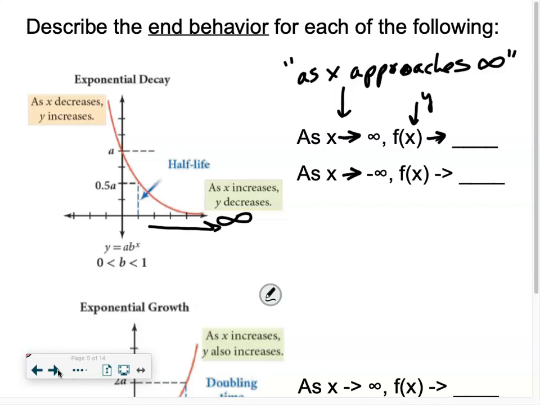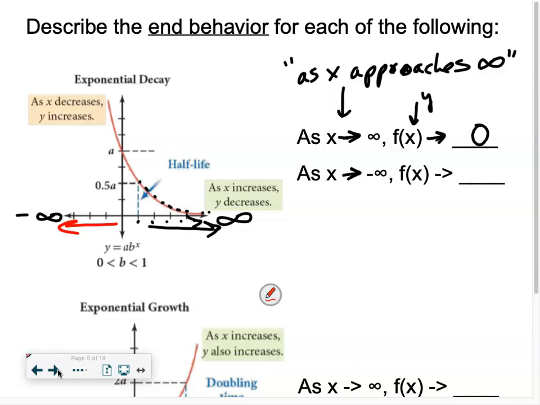So as x approaches infinity, our y values are getting closer and closer to 0. So think as we move to the right, what's happening to our y values? They're going to 0.